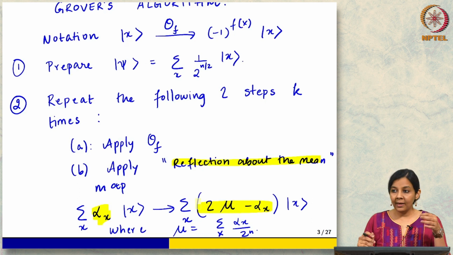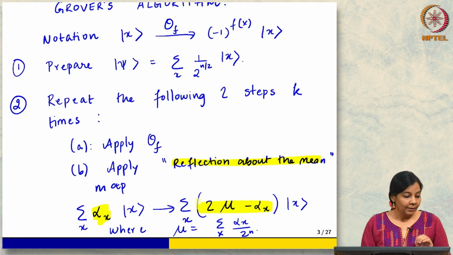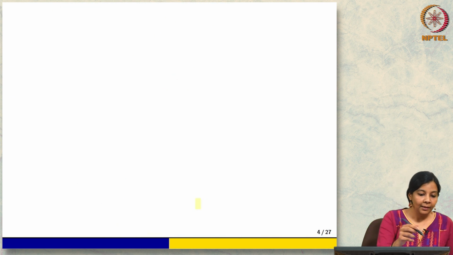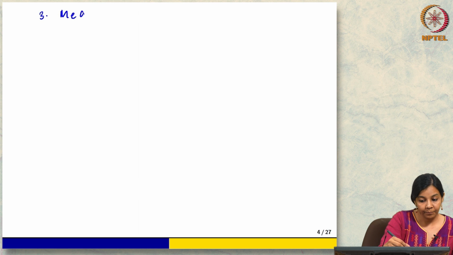So, mu is the average amplitude, and what I am doing is I am changing alpha x to 2 mu minus alpha x. And then, having done this, I will simply measure all n bits.